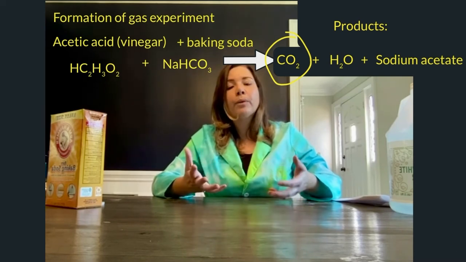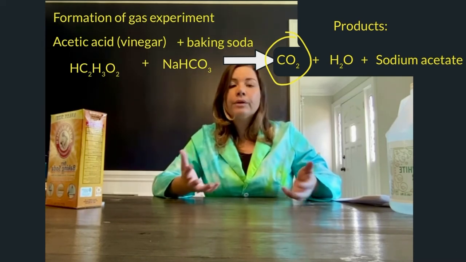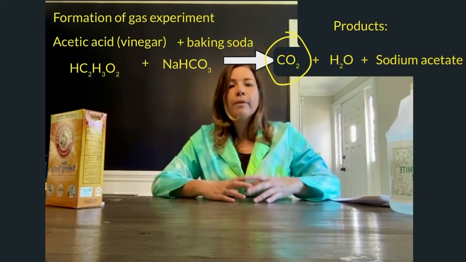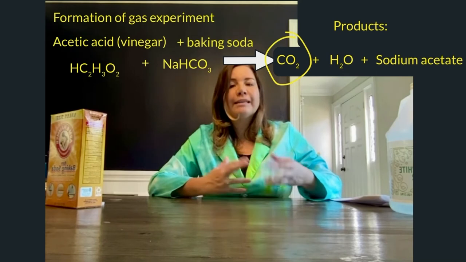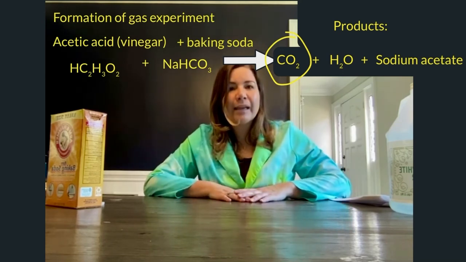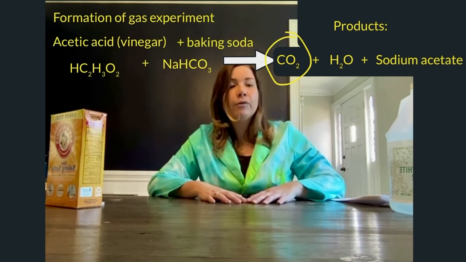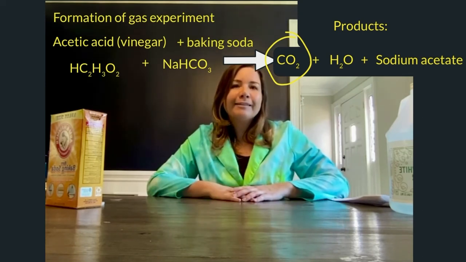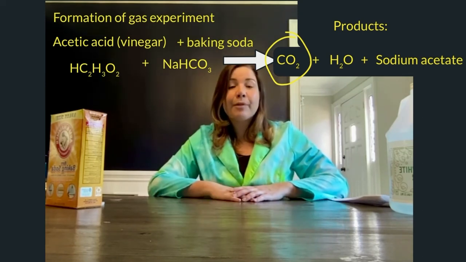If we kept the balloon off the bottle, we wouldn't really see the production of gas, even though it was there. So we put the balloon on the bottle so that you can see the gas actually being put into the balloon, and you saw that because the balloon blew up. And so that carbon dioxide was there in that balloon.